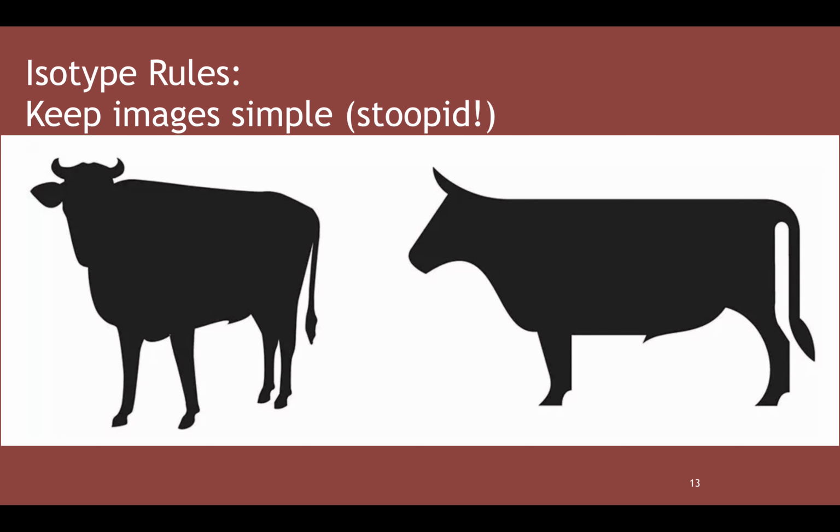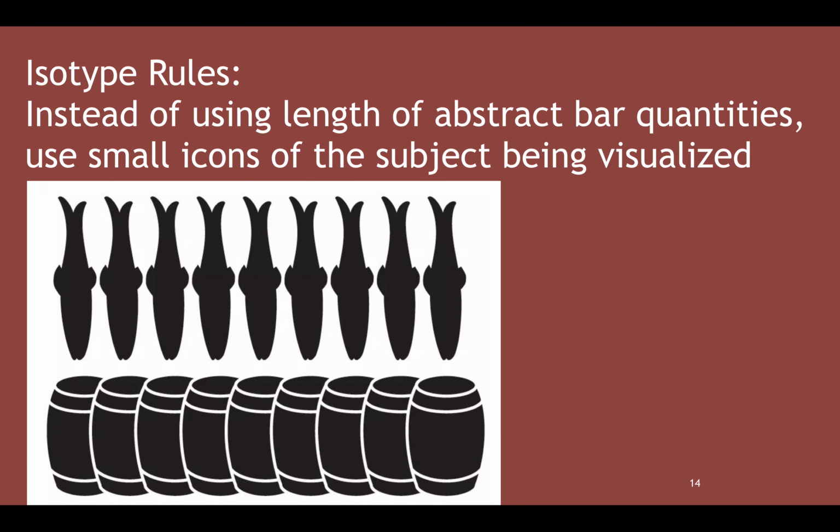Keep it simple, stupid. I know my spelling, so I know that that's intentionally spelled incorrectly. Stupid. Not you stupid, the word stupid. The one on the left is done at a 45-degree angle, a little bit too complex. The one on the right is much more simple, at a complete profile, very easy to see what it is. Keep your images as simple as possible for isotypes.